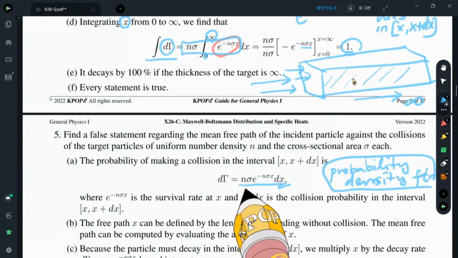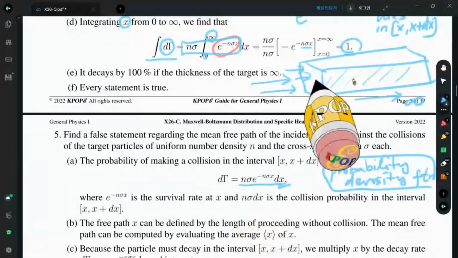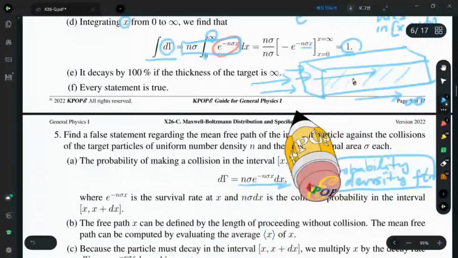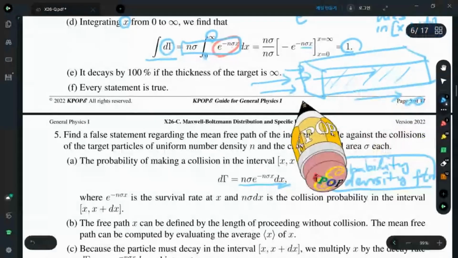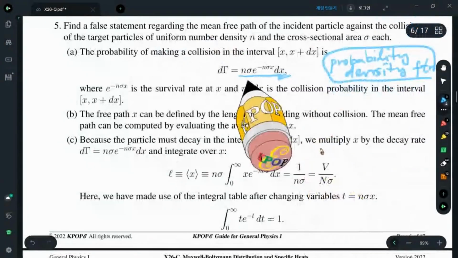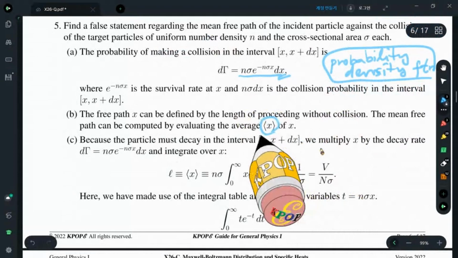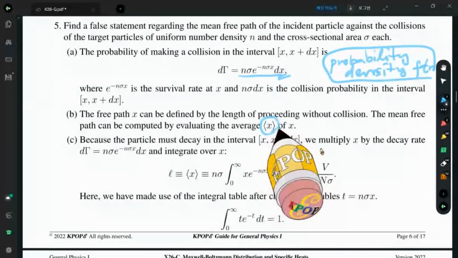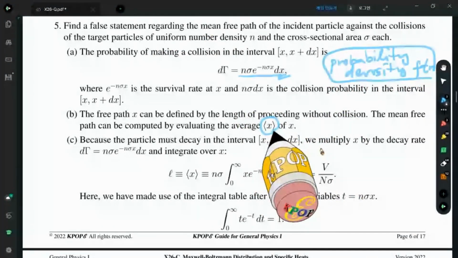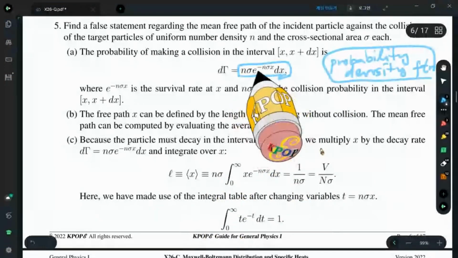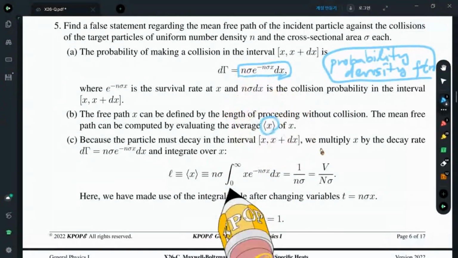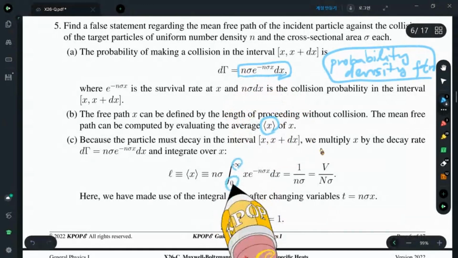Then you'd like to know the average value of the travel distance before it dies. This one is just this multiplied by x, integrated over the whole region.